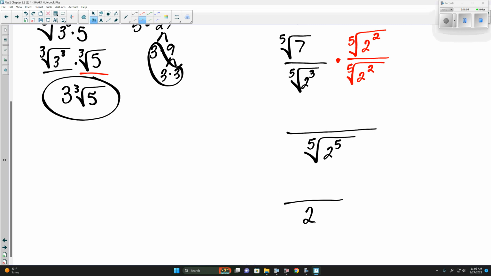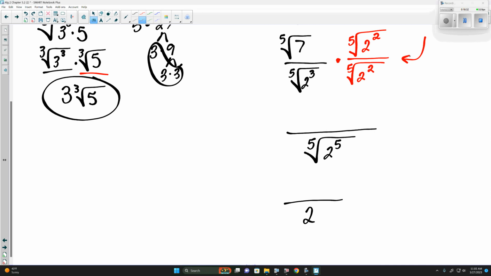So by multiplying top and bottom by the fifth root of 2 squared, we got the fifth root of 2 to the fifth in the bottom of the fraction, which works out to be 2. But what is the fifth root of 2 squared divided by the fifth root of 2 squared? It is just 1. So we're not changing the value of this, we're just changing how it looks.